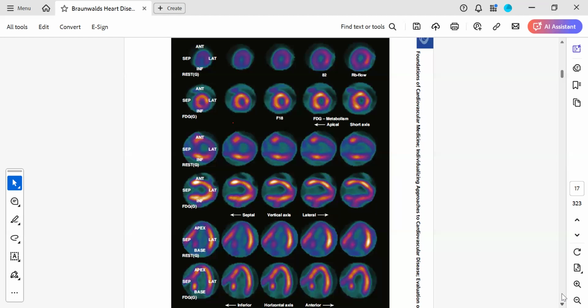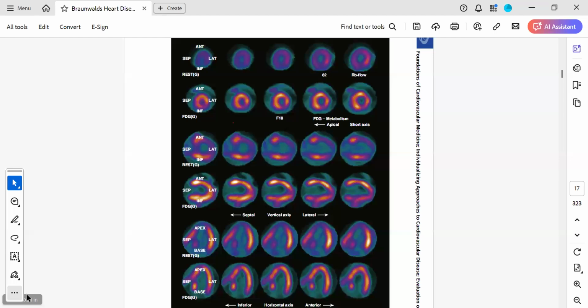Going through the first one, you look at that there is no uptake, there is no flow of the rubidium throughout the rest part.